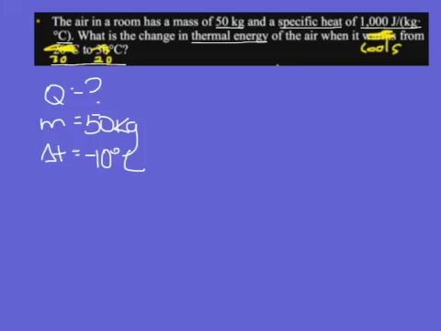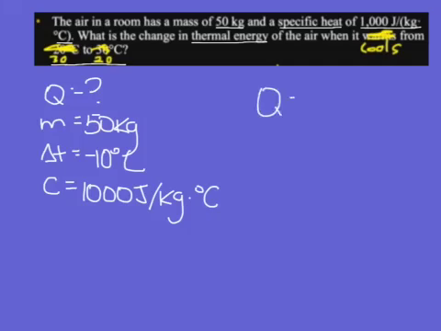And then the specific heat is right here, that funky little unit number, and it's 1,000 joules divided by kg times degrees Celsius. Now we are going to use this formula: Q equals M times change in temperature times specific heat, and then we plug things in.